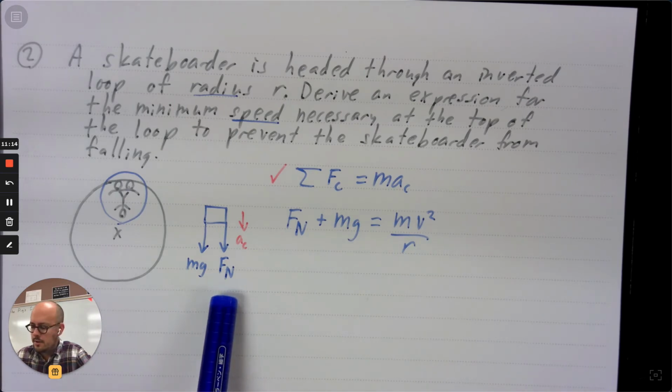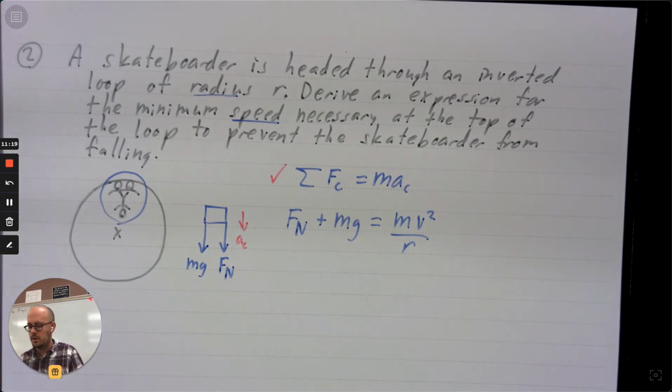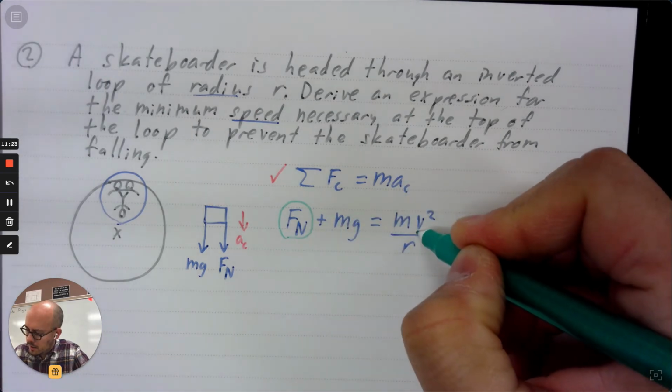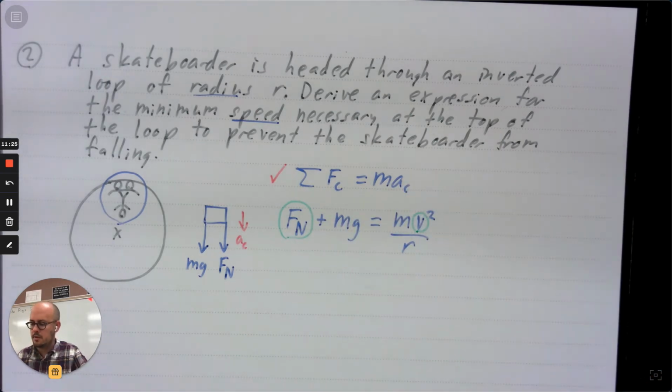What I want you to see is the only variables that can actually change in this equation are the normal force and the speed. Everything else is absolutely constant in this problem. You can't change the skateboarder's mass, you can't change the strength of gravity, you can't change the radius of the loop because it's probably made of concrete, and that's it.